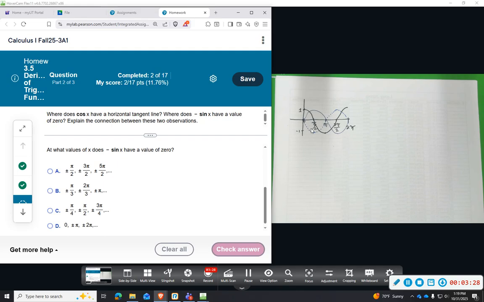So the dotted line is the one we're looking at. So the value is 0 when we're at 0, when we're at pi, and then when we're at 2 pi. So every time we hit pi again, the negative dotted line is at 0. So it's not asking about a horizontal tangent line, but at 0. It's going to be at 0 at the same values.